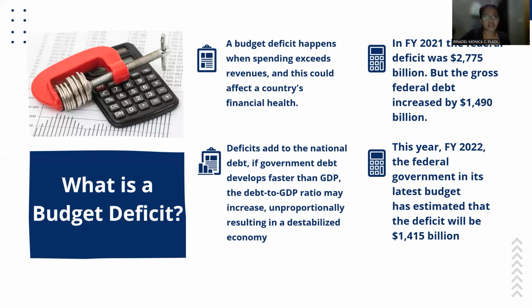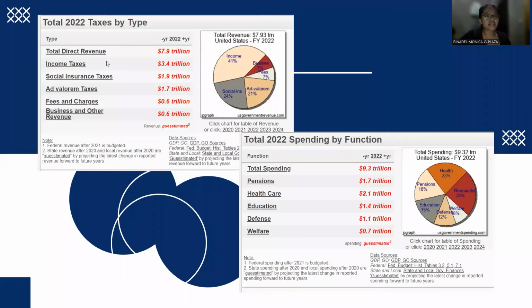Because they estimate a tax revenue collected of only 7.9 trillion, while their spending budget projection will total 9.3 trillion. So they will have a budget deficit because their spending is higher than their total revenue collected.